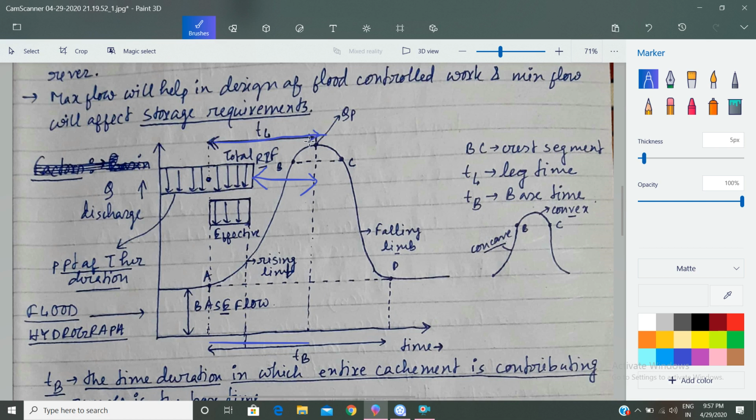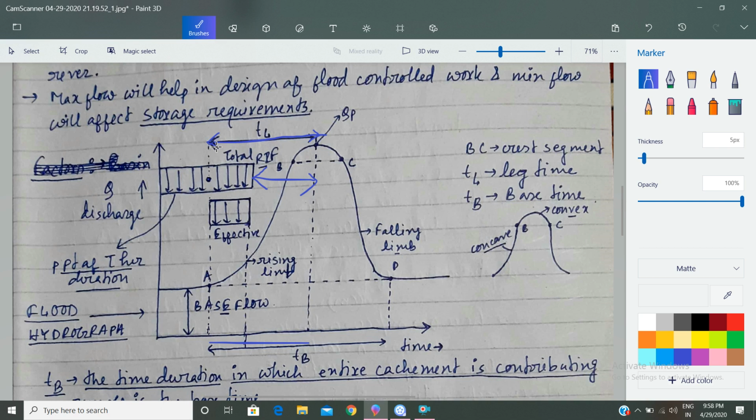Okay, suppose you are told that isolated precipitation occurred from 11 am to 2 pm, and for this reason the peak discharge occurred at 6 pm in the respective stream. Okay, you need to identify the time of concentration.